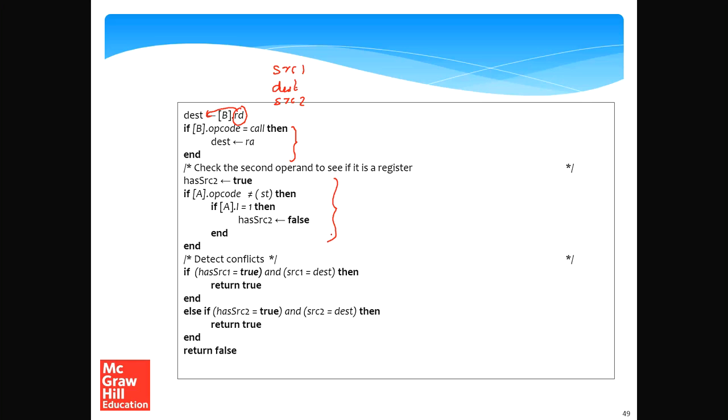Since the store instruction was special in the sense that it has an immediate as well as a second register source, we first eliminate this from our condition. Subsequently, if the instruction has an immediate, then it does not have a second source. For example, if we consider add R1, R2, and R3, I'm sorry, not R3, but it should be an immediate.